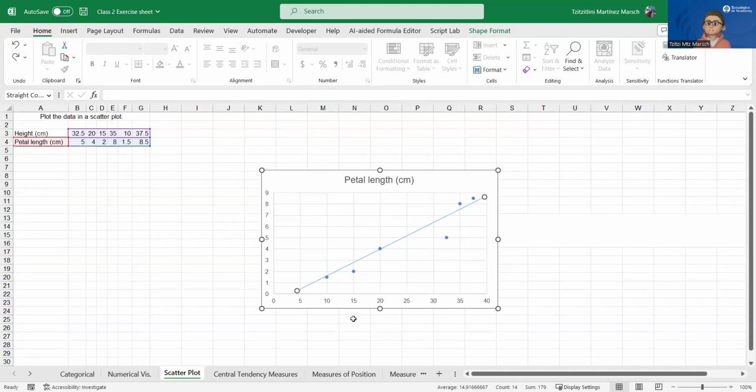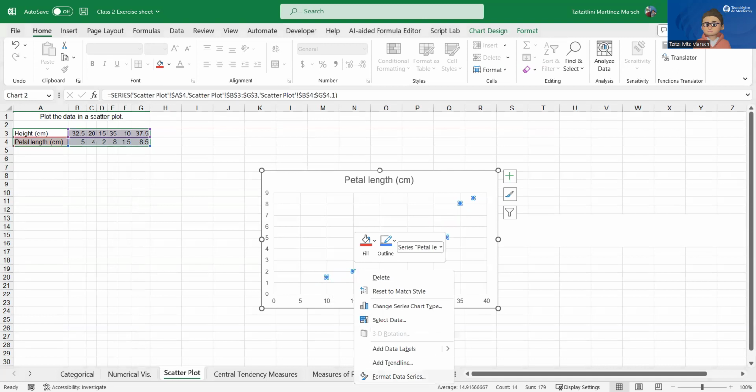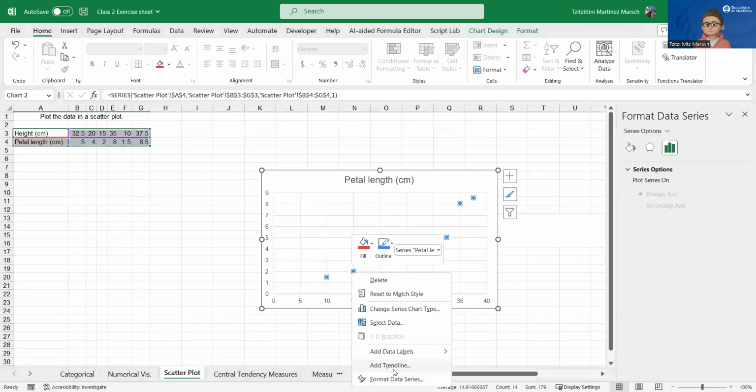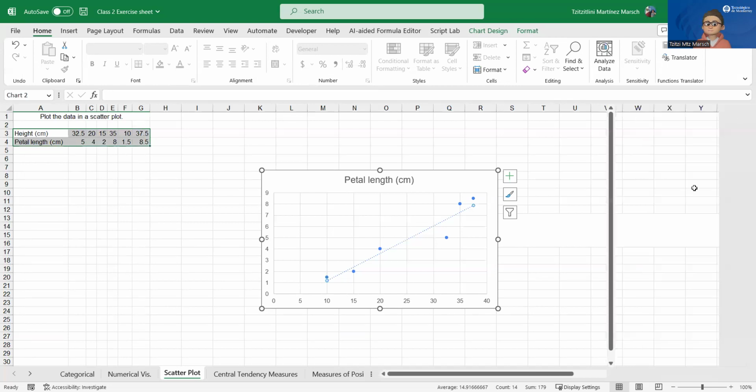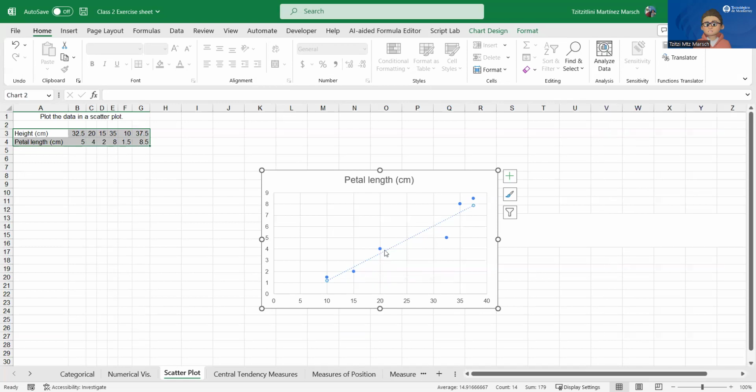Here also, how do I know if there's a weak or a strong correlation? Well, if I have a strong correlation, that means that most of the points are very close or on that line. So right here, we can add that line. There's our line. This is an actual line. If these points are very close to that line, we have a strong correlation.